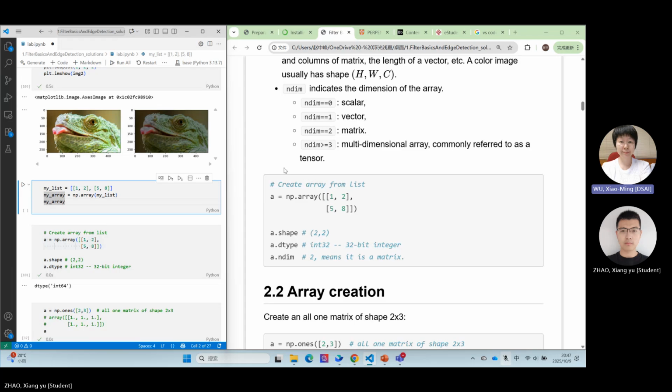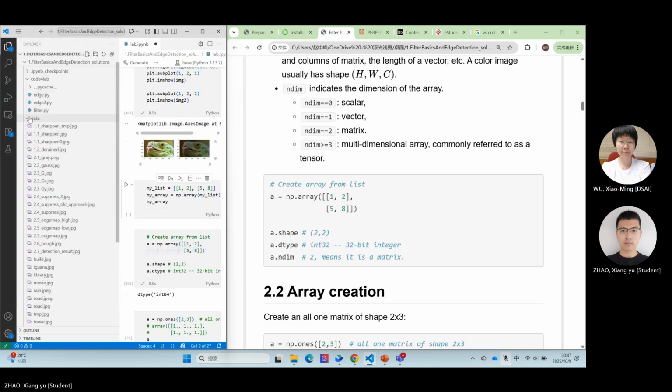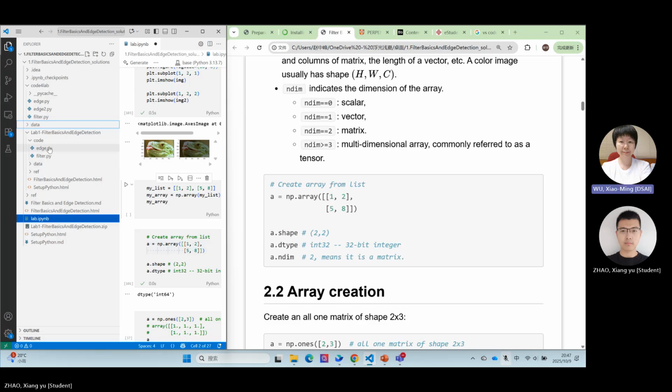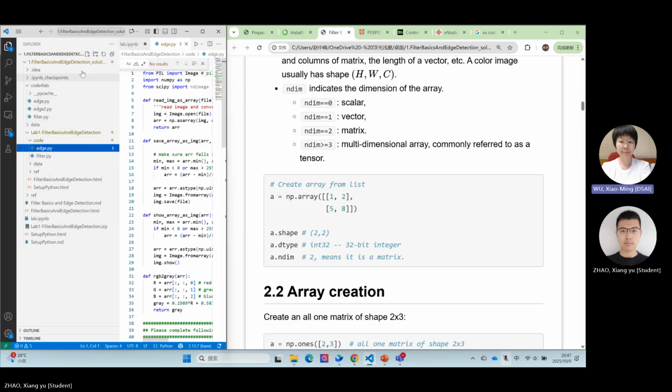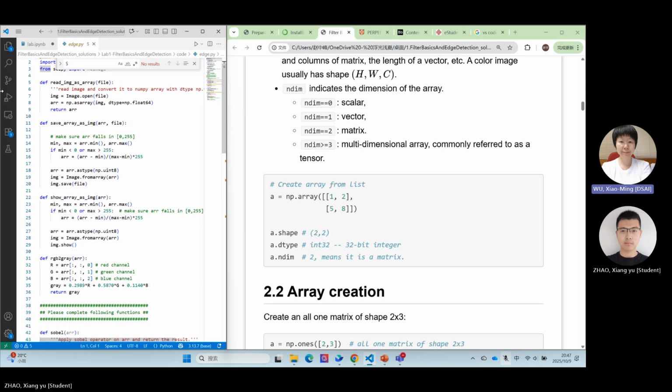But all this processing code, such as the filters, we have provided you in the code. You can just use this.